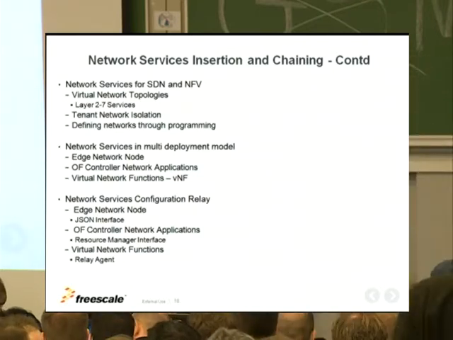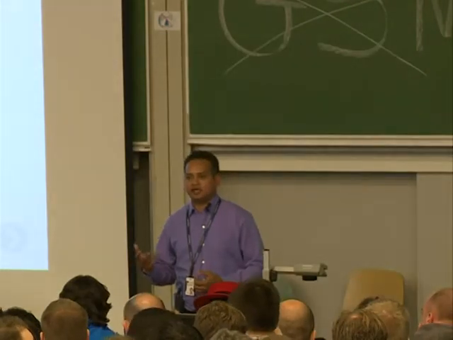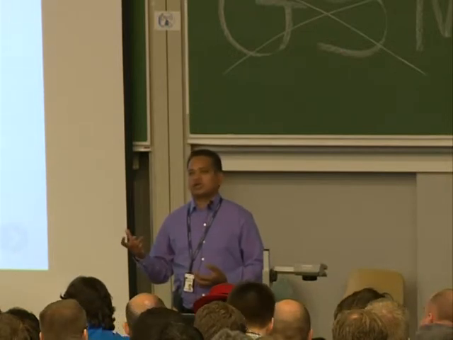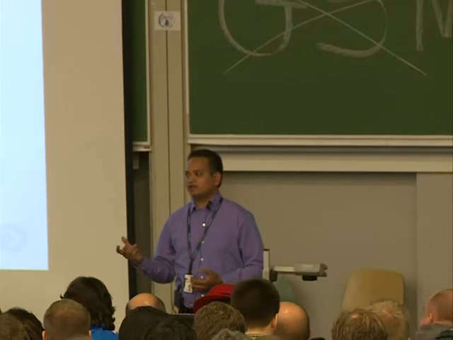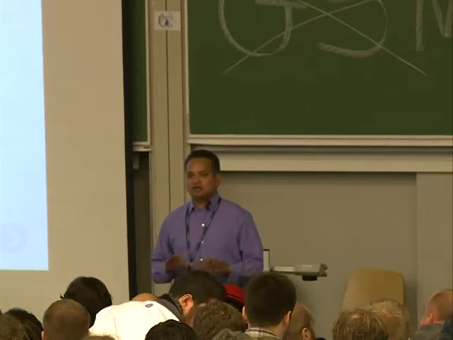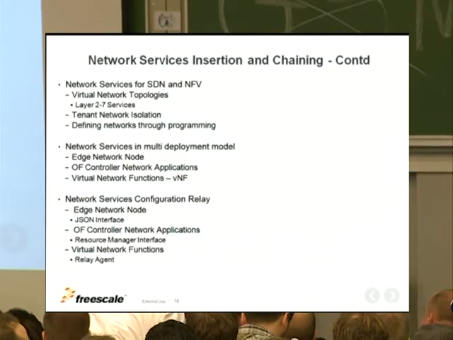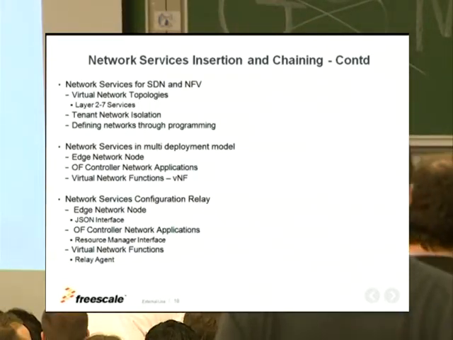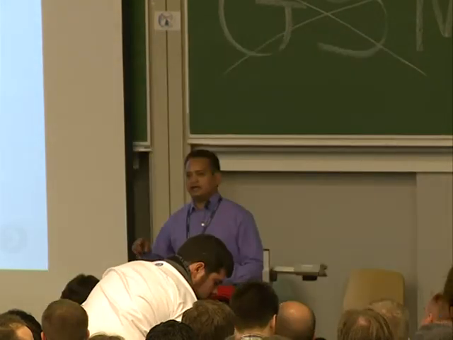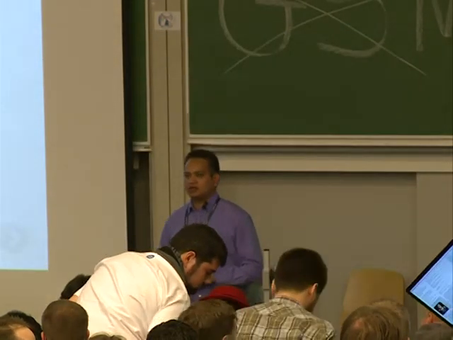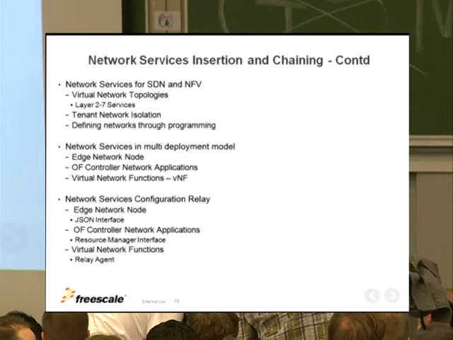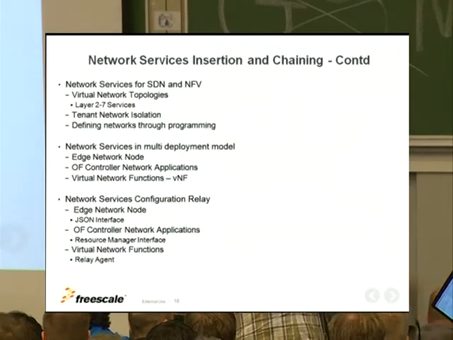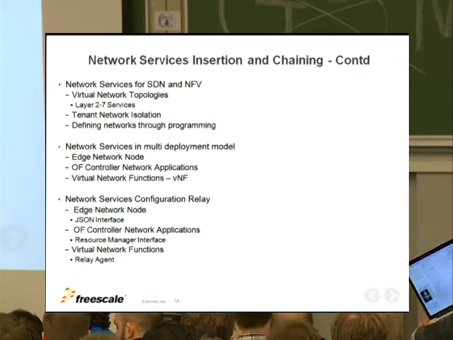And for virtual network functions, we have the relay agent. The relay agent is just another daemon which is running on the compute node where the network functions are running. So when you configure the network function from the OpenStack controller, the configuration will get relayed through JSON RPC messages, and it will be captured by the relay agent on the compute node, and the relay agent will again use the libvirt virtio serial to configure the network function inside the virtual machine.